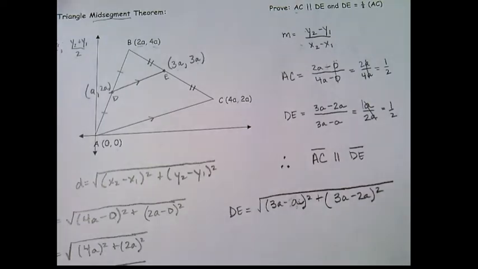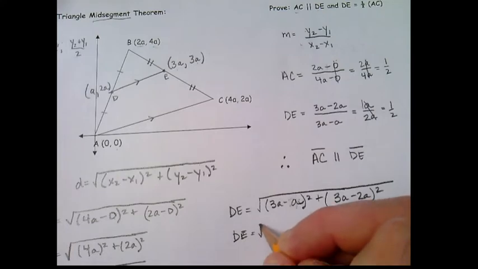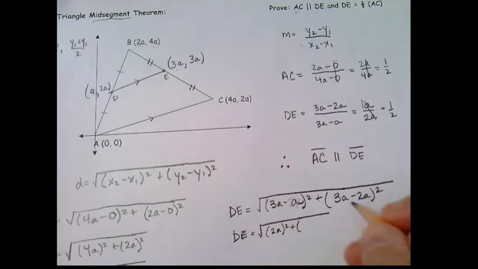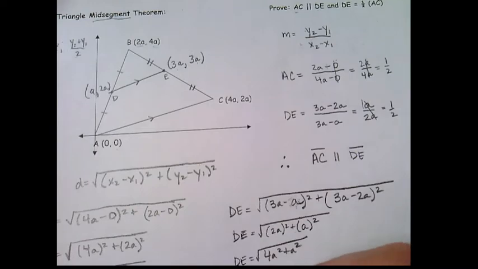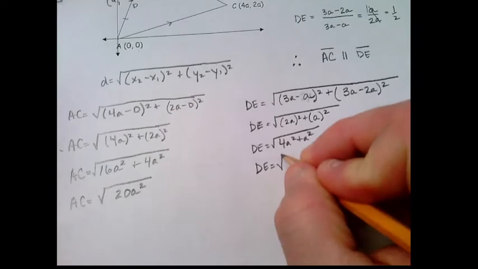Now, 3a minus a is 2a, and 3a minus 2a is 1a. If I square both of those, you have 4a squared plus a squared, which ends up being 5a squared.